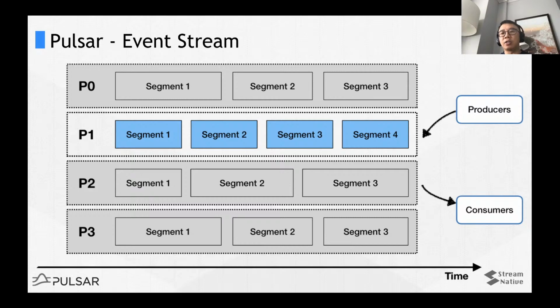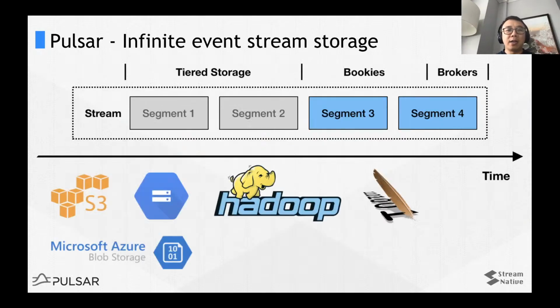Each segment can also be offloaded into tiered storage. There's no limitation on the storage capacity of a single stream, so you can just add more storage nodes to support more data. This is the data presentation that Pulsar presents to clients.